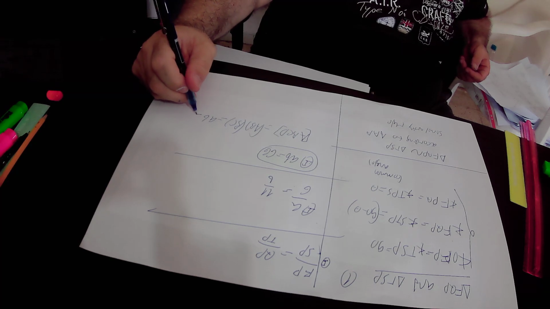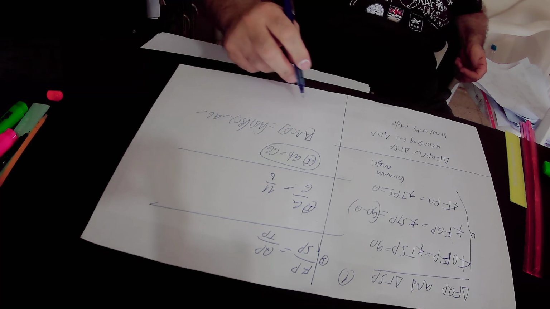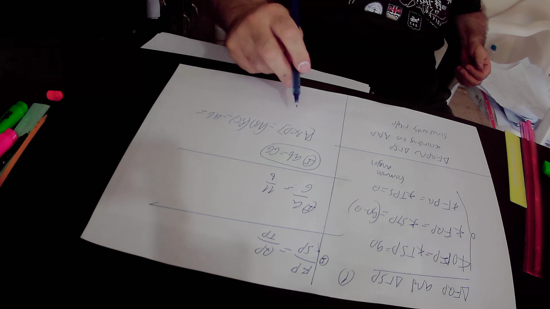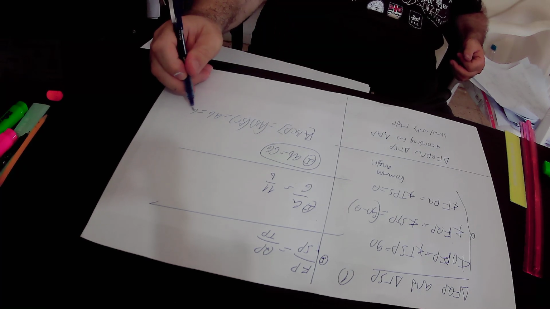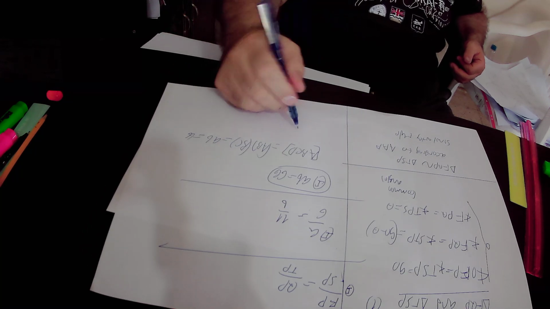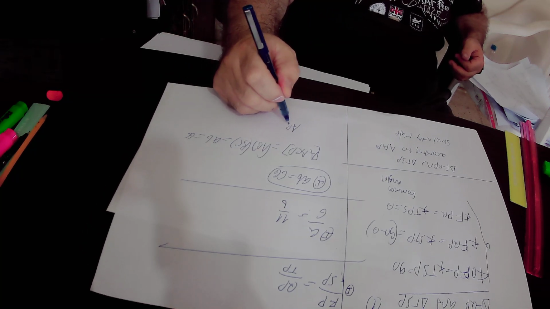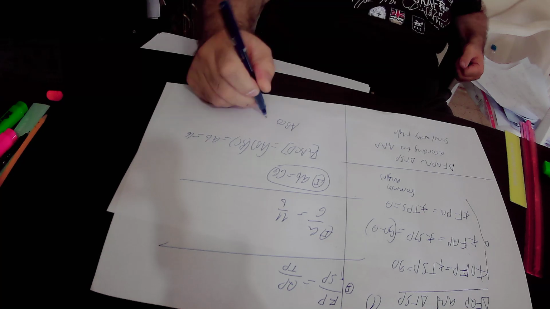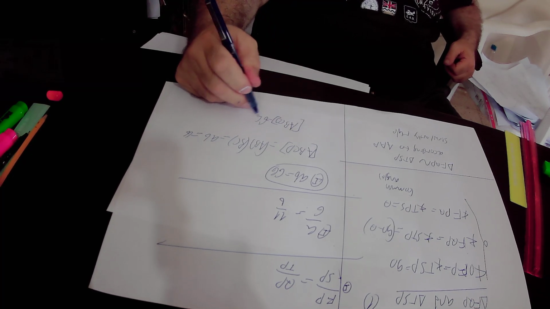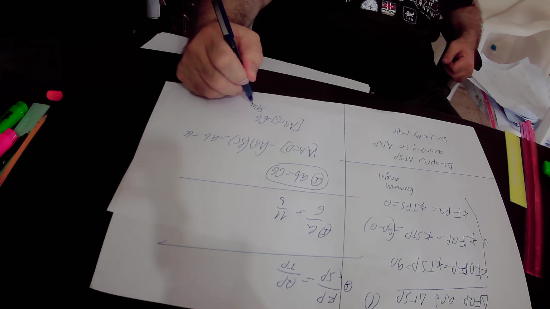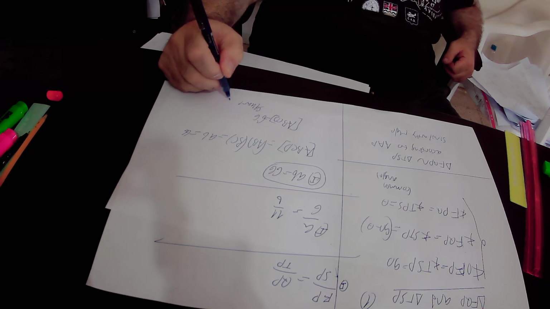So the area of rectangle ABCD is AB, but according to equation 1, AB equals 66. So in conclusion, the area of rectangle ABCD is equal to 66 square units. Okay, we finished with the second method.